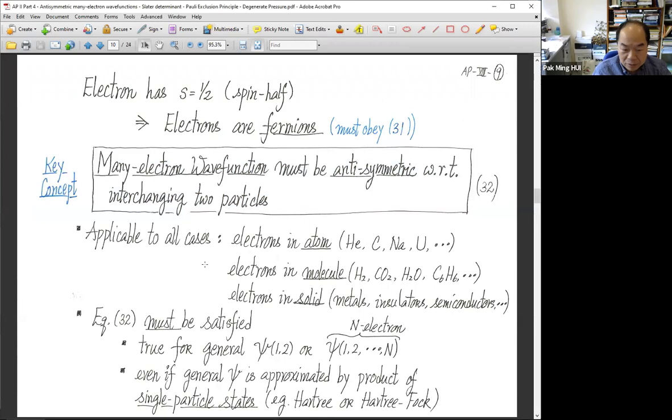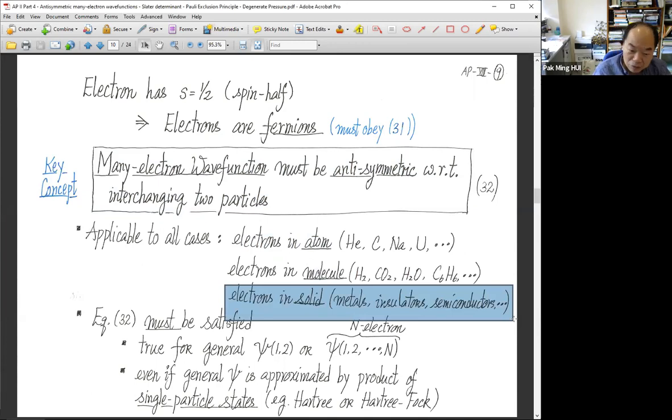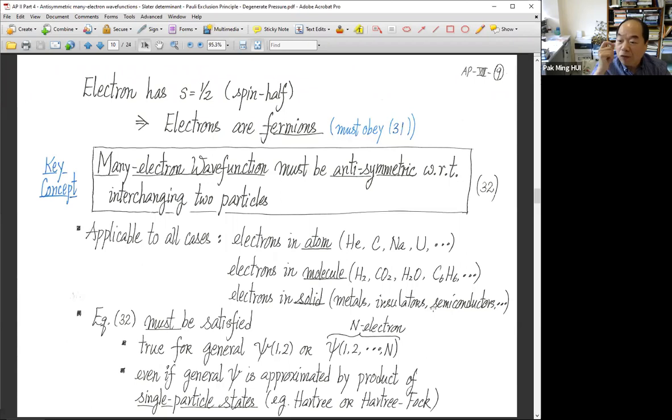This is very general. It applies to electrons in atoms, molecules, solids, and protons and neutrons in the nucleus. But if you have deuterium, with one neutron and one proton in the nucleus, they are different particles. You don't need to obey this rule. They are not the same nucleon.